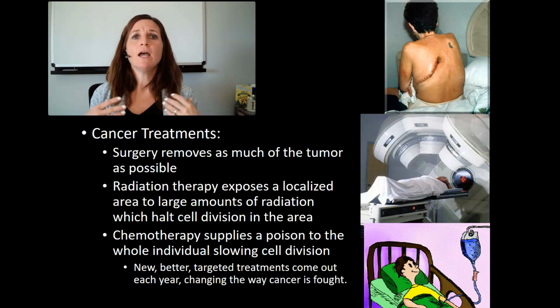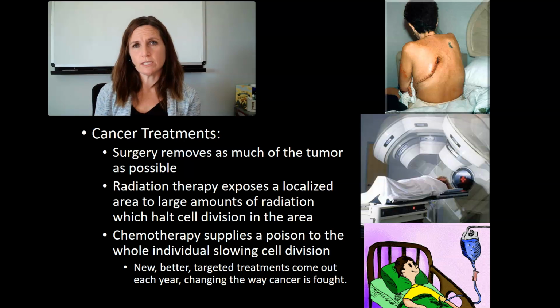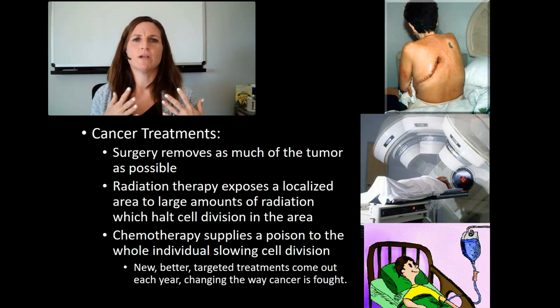For every treatment of cancer, the hardest part about it is that it is your cells. And so it's really difficult for your immune system to fight your own cells or to recognize your own cells as being the problem. And so that's why we need to use these other outside targeted treatments instead of enhancing your own immune system.